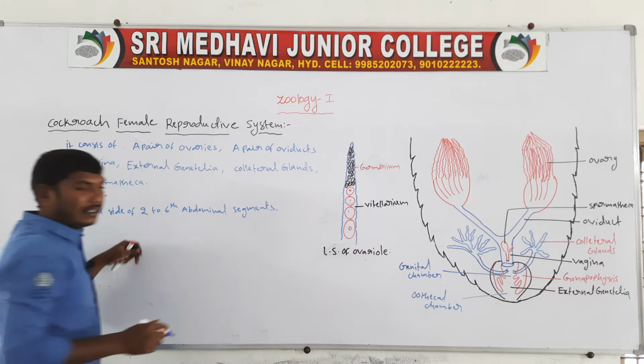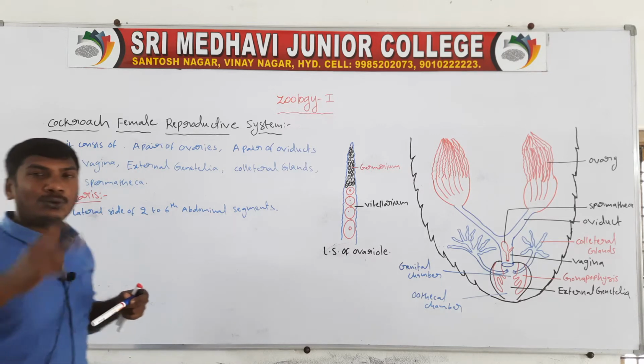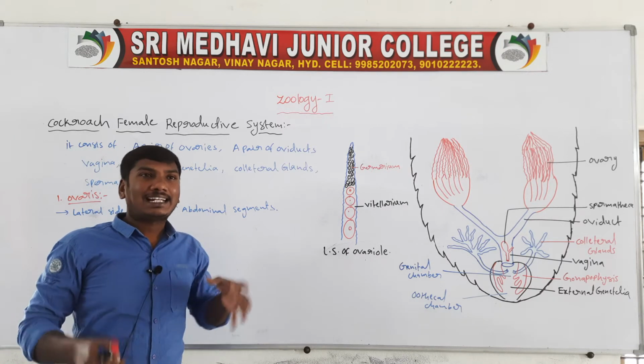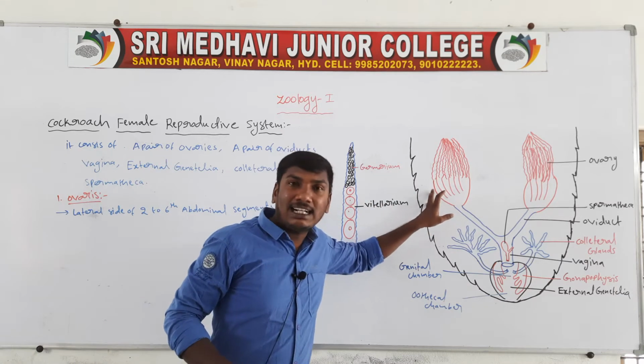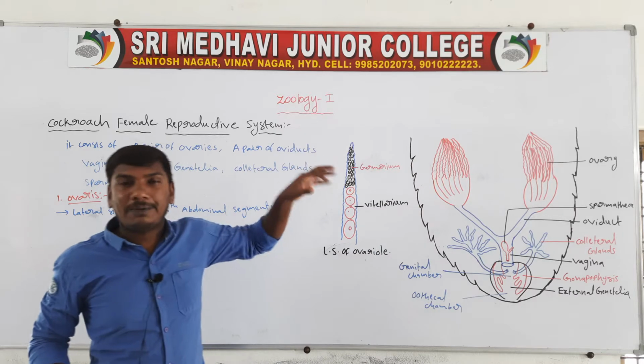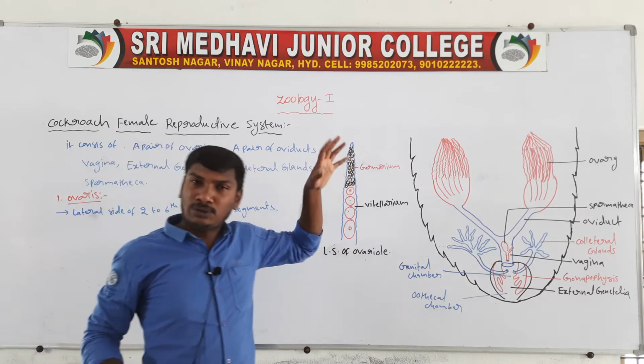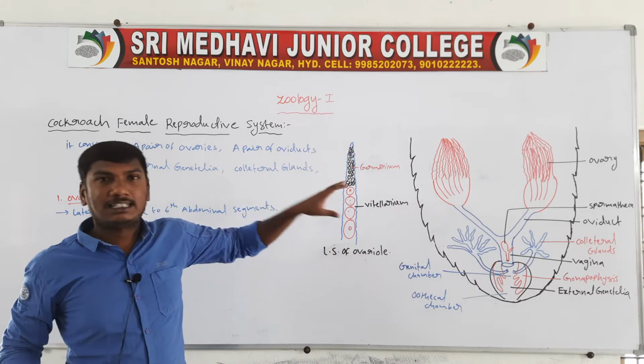So the ovaries are present on the lateral side of the 2 to 6 abdominal segments.